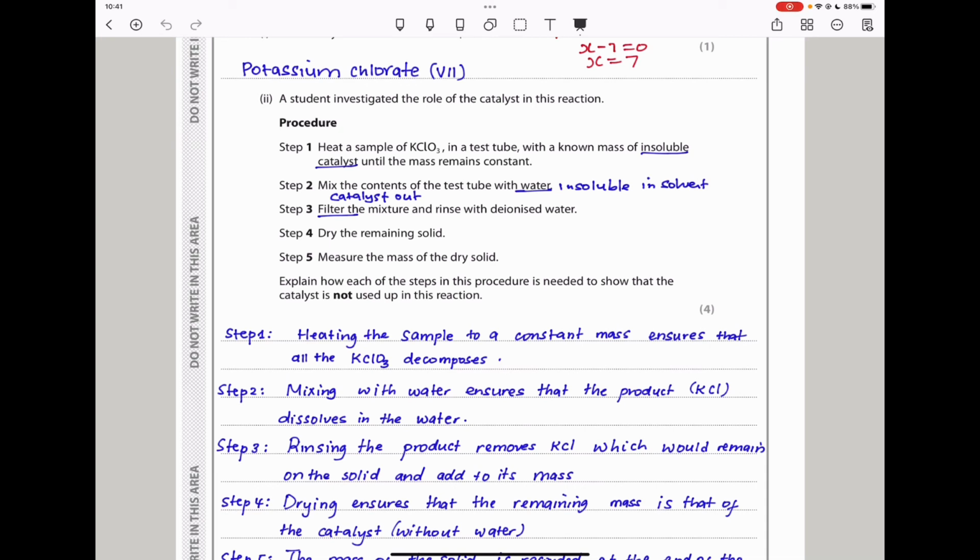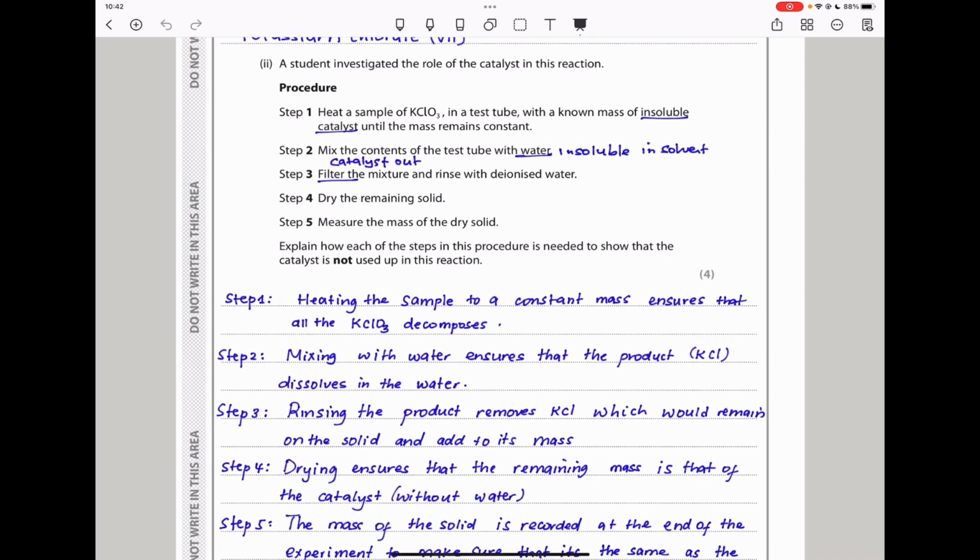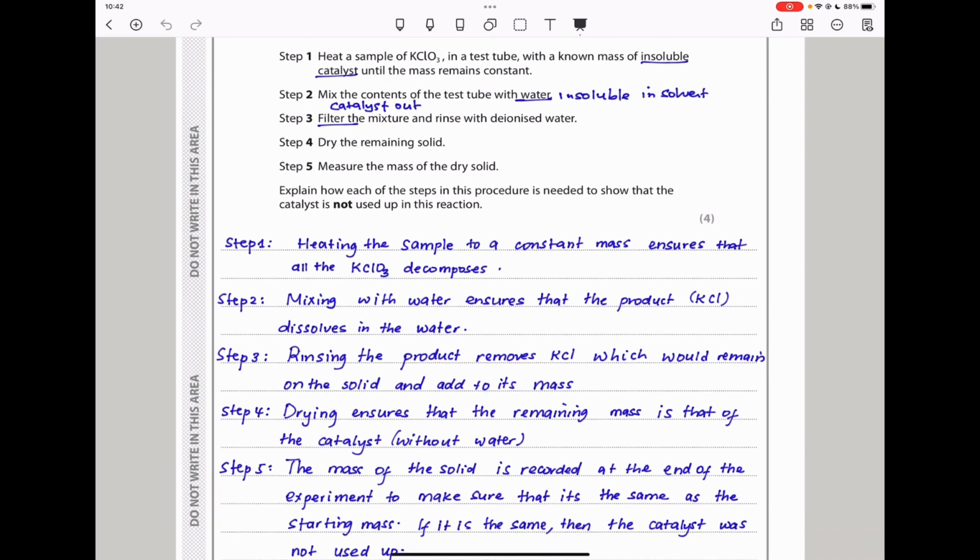So I said for step 1, heating a sample to a constant mass ensures that all the potassium chlorate decomposes. Then step 2, mixing with water ensures that the product, which is potassium chloride, dissolves in the water, meaning anything that has not dissolved is going to be the catalyst.